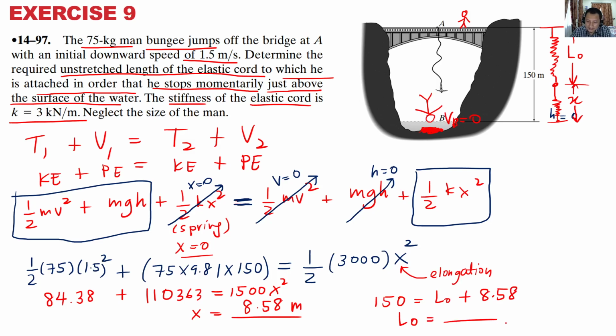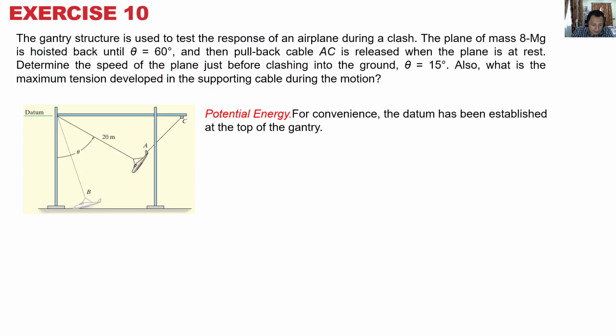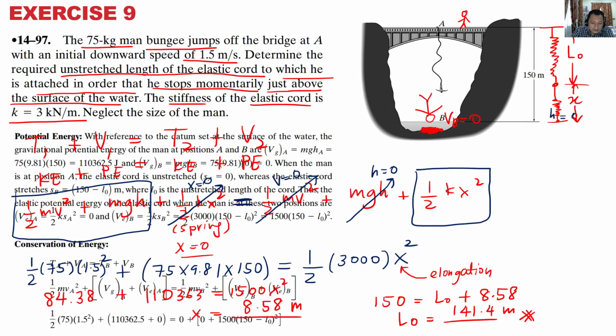So L naught has to be 150 minus 8.58, 141.4. 141.4 meter. So you have to calculate properly. Is it right?